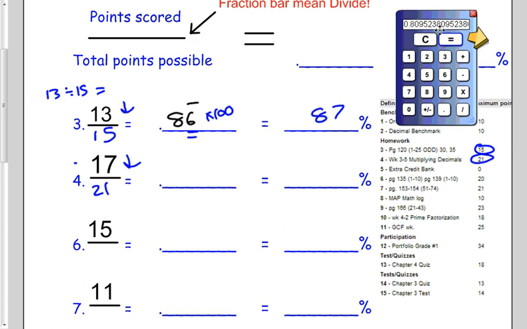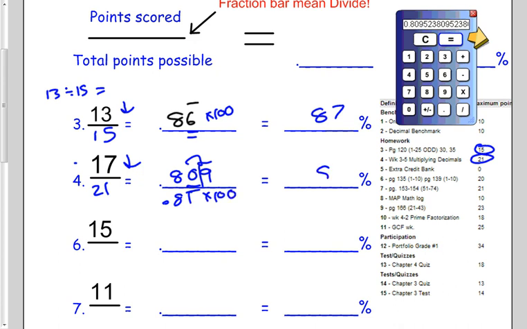So it does repeat eventually, but again, we're going to round to the hundredths place. So we'll do 0.8095. If I want to round to the hundredths place, we're going to say 0.81. Again, let's do that times 100, and he scored 81% on that assignment.